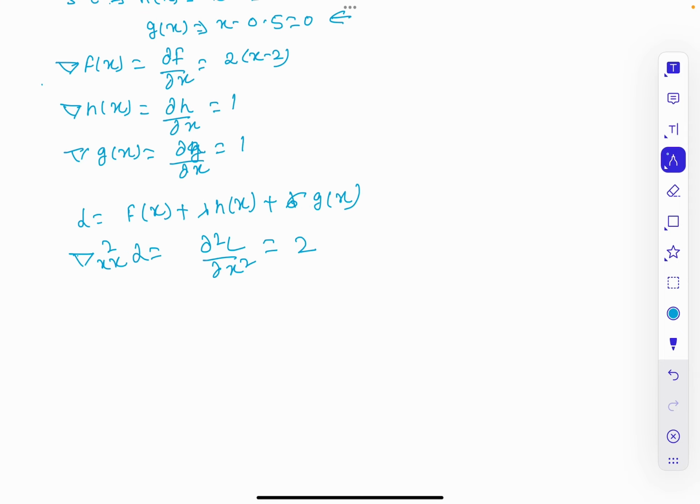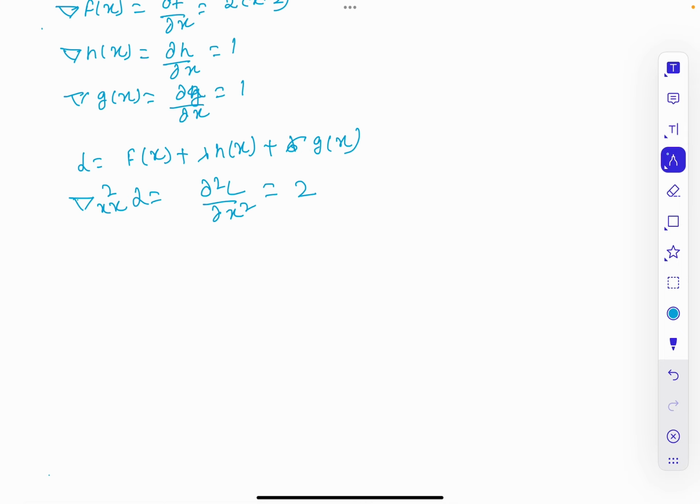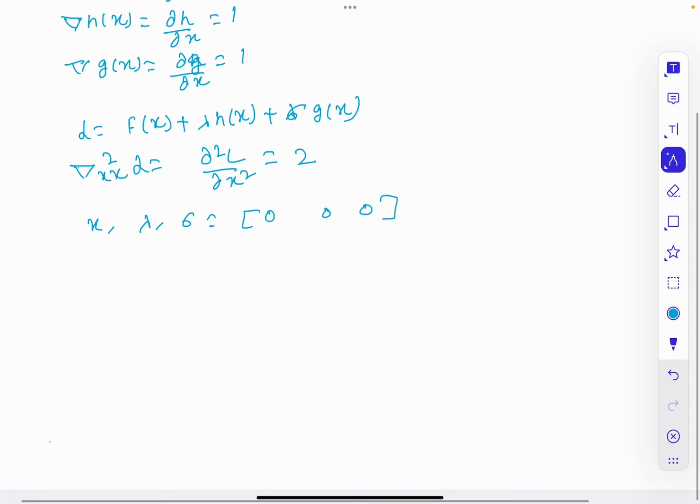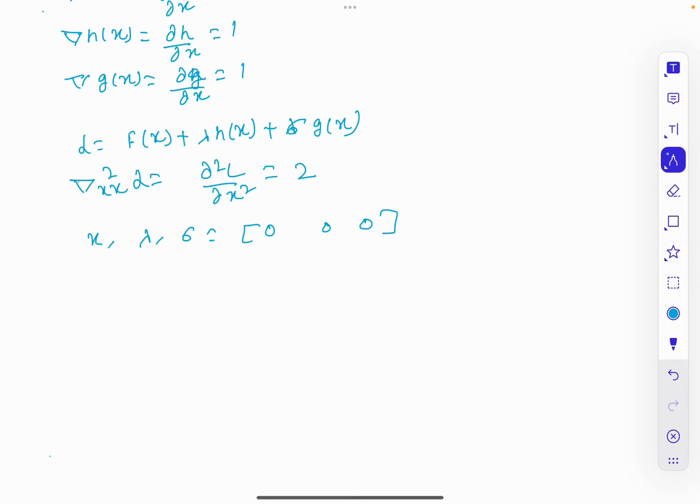So first of all, let us make some initial guess for x, lambda and sigma. Let it be 0, 0 and 0. Okay, so let us write the SQP subproblem. What was the subproblem? We have to minimize the gradient of f(xk) transpose d, right?